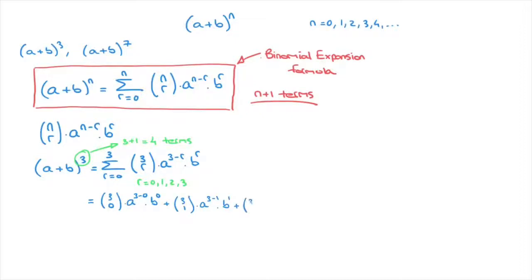That would be 3C2 times a^(3-2) times b^2. And finally, we add on the case when r = 3, which would be 3C3 times a^(3-3) times b^3. And simplifying those powers a bit would lead to the following.